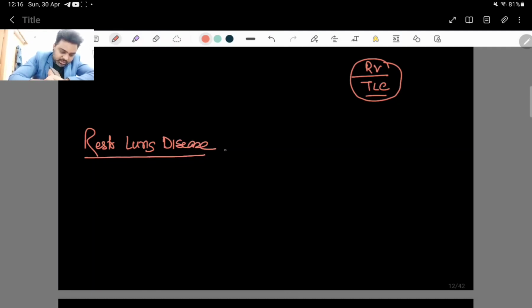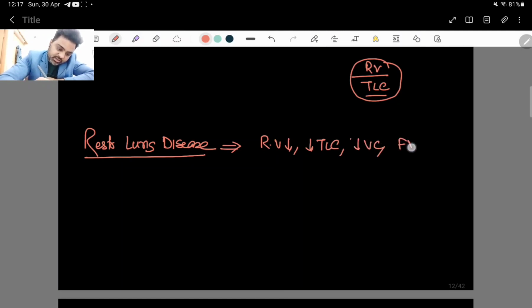Understand that in restrictive lung disease, all the volumes are decreased. So we will have a decreased residual volume, decreased TLC, decreased vital capacity, decreased FVC in restrictive lung disease.